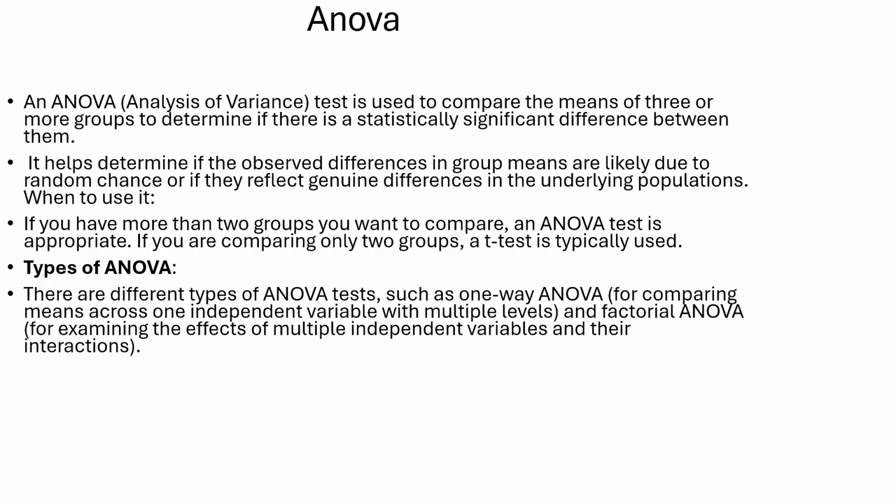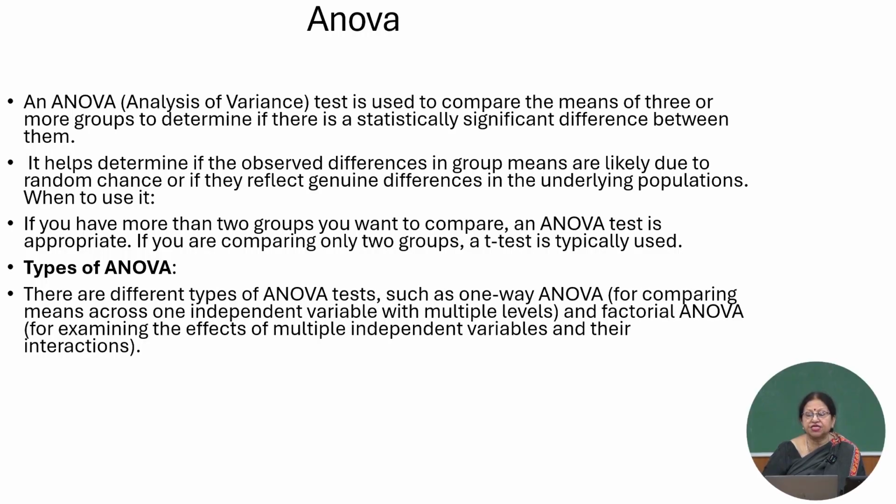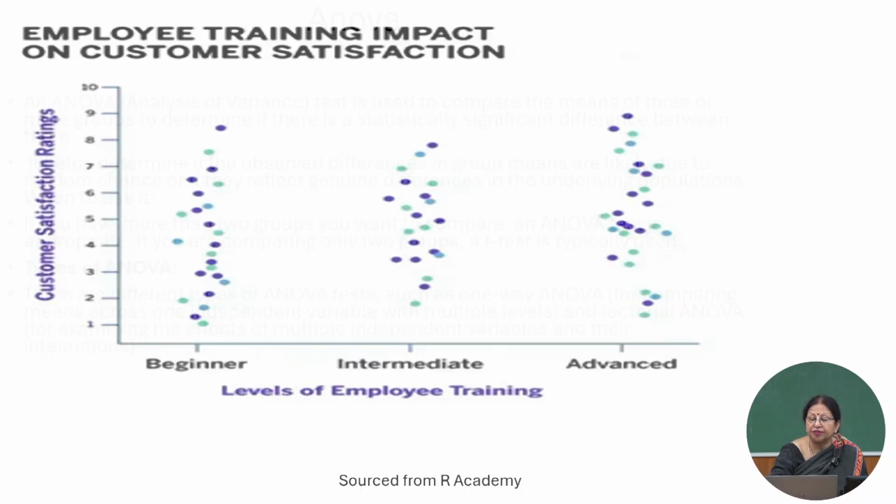Types of ANOVA. There are different types of ANOVA tests which we have seen very recently in the last few slides, such as one-way ANOVA for comparing means across one independent variable with multiple levels. We have seen factorial ANOVA for examining the effect of multiple independent variables and their interaction.